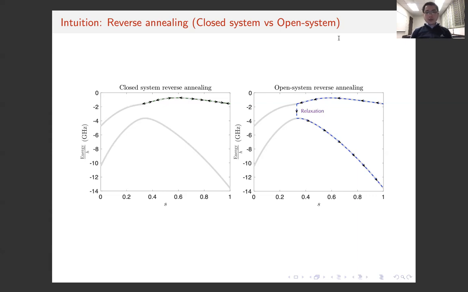But for an open system, while we are doing reverse annealing, there can be relaxation that is induced by the environment, and that relaxation can take some portion of the population to the instantaneous ground state, and they can be carried on by the annealing process to the correct solution state at S equal to 1.